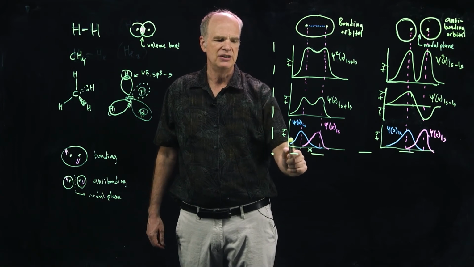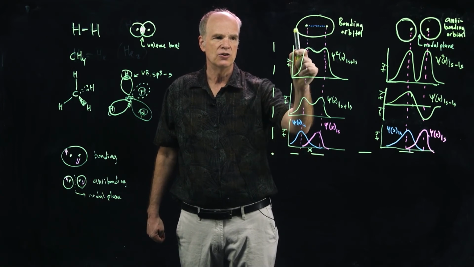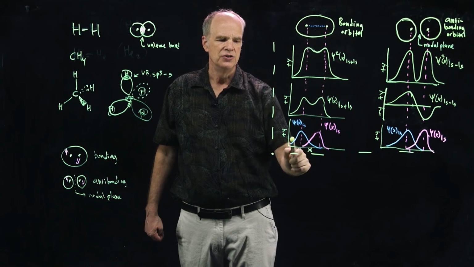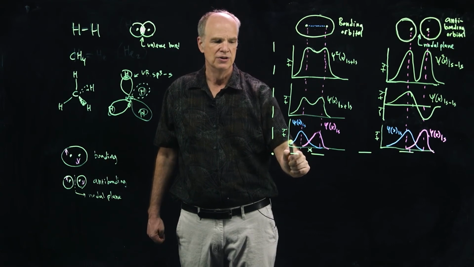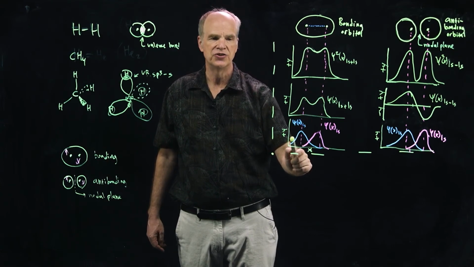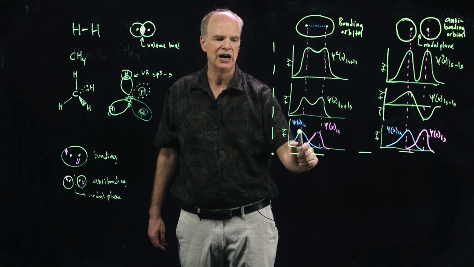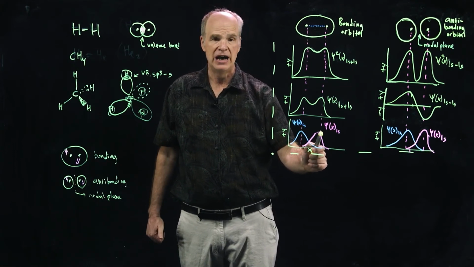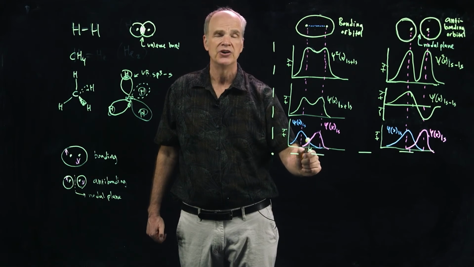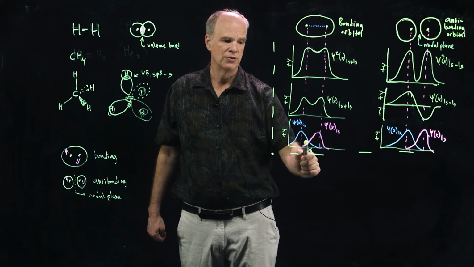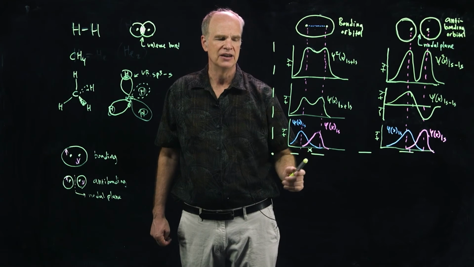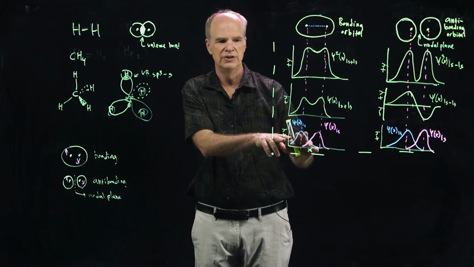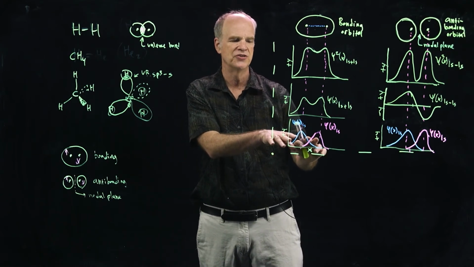What I'm indicating is that as you go across the distance here, you can see that the value of the function that describes the 1s orbital goes up, and then it goes down again. Same thing with the value of the function that describes the right 1s orbital. It goes up and it goes down again. So we have these two nice simple graphs of these 1s orbitals.